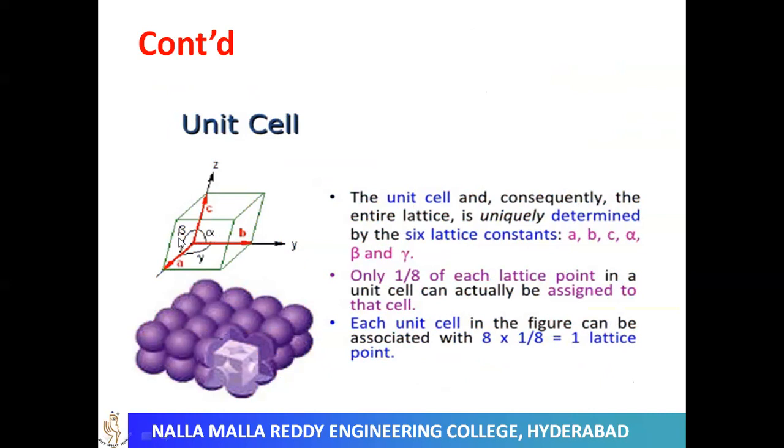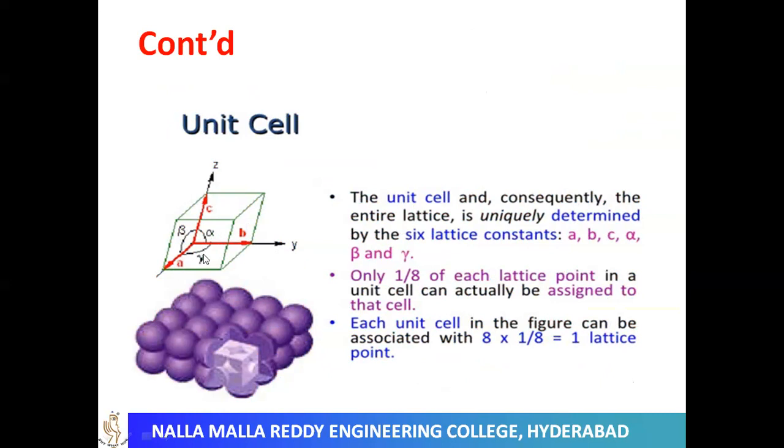A unit cell is represented by three edges, a, b and c, along the x-axis, y-axis and z-axis of a three-dimensional entity, and these edges may or may not be mutually perpendicular to each other. When these edges are joined, they form certain angles, represented as alpha, beta and gamma.